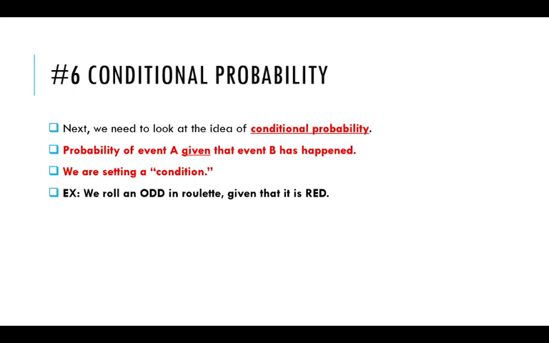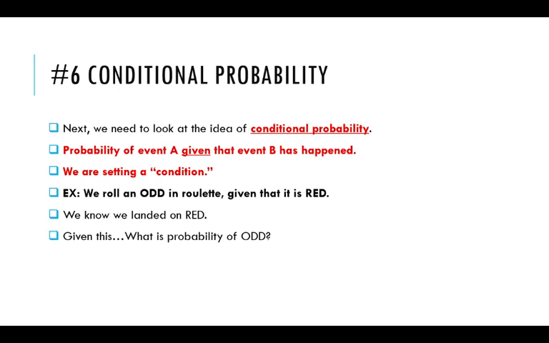Let's say that we roll an odd in roulette given that the ball lands on red. So I'm not saying first I roll odd and then I get red. I'm saying what's the probability that we would get our ball landing on odd if it was given that it landed on a red space? So what we're saying is, hey, we know it landed on red, or let's assume, or let's imply the condition that it landed on red.